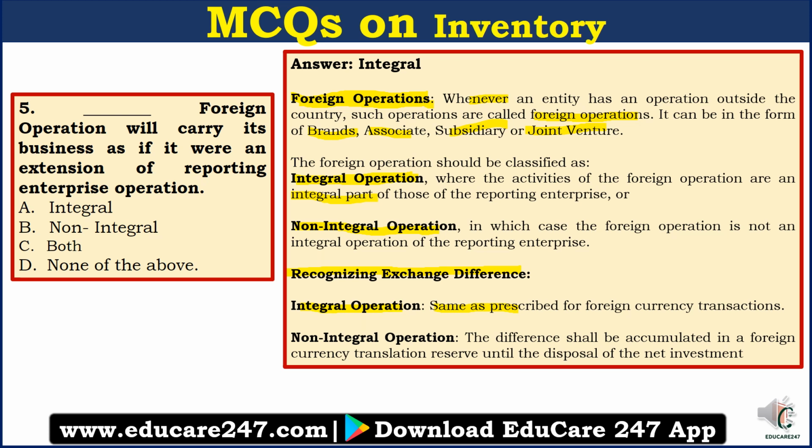If the exchange difference is for long-term monetary items, then we can recognize it in foreign currency monetary item translation difference account as well. But for non-integral operations, the difference shall be accumulated in foreign currency translation reserve until the disposal of the net investment. So the recognition of exchange difference is different in integral and non-integral operation. Hence, it is important to understand which operations are integral and which are non-integral.